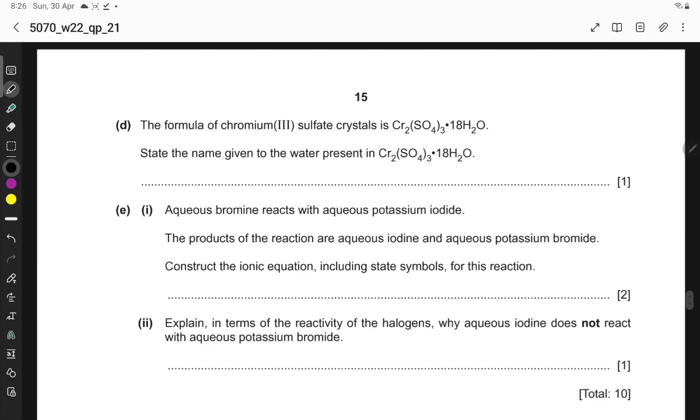The formula of chromium sulfate crystal is this. State the name given to the water present in this hydrated chromium sulfate. The name is water of crystallization.